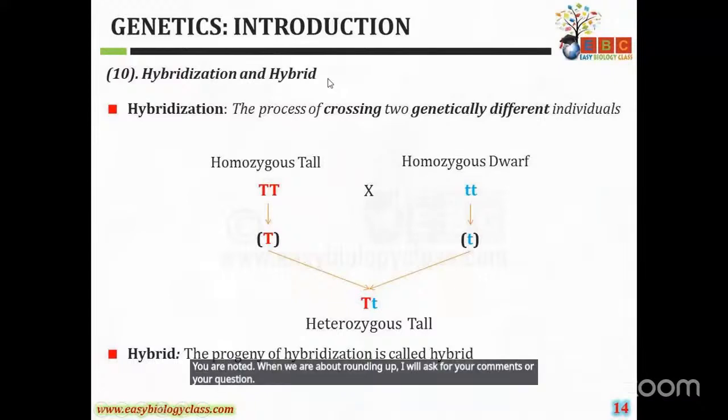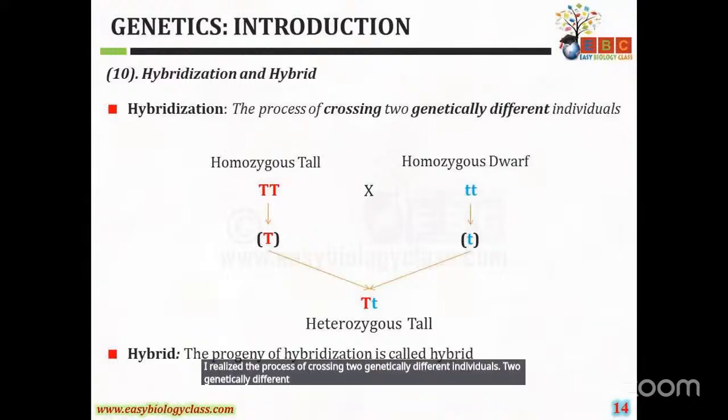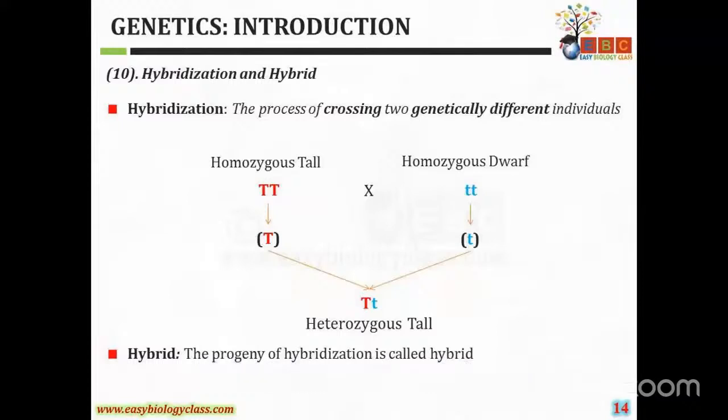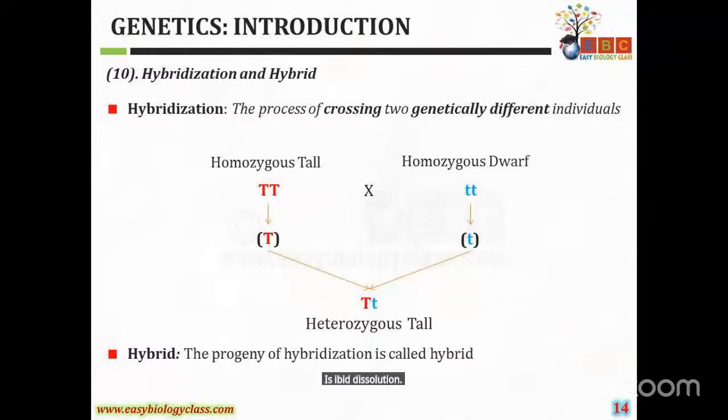So another point is hybridization and hybrid. Hybridization is the process of crossing two genetically different individuals. So we can say crossing between a man and a woman is hybridization because the two of them are genetically different.